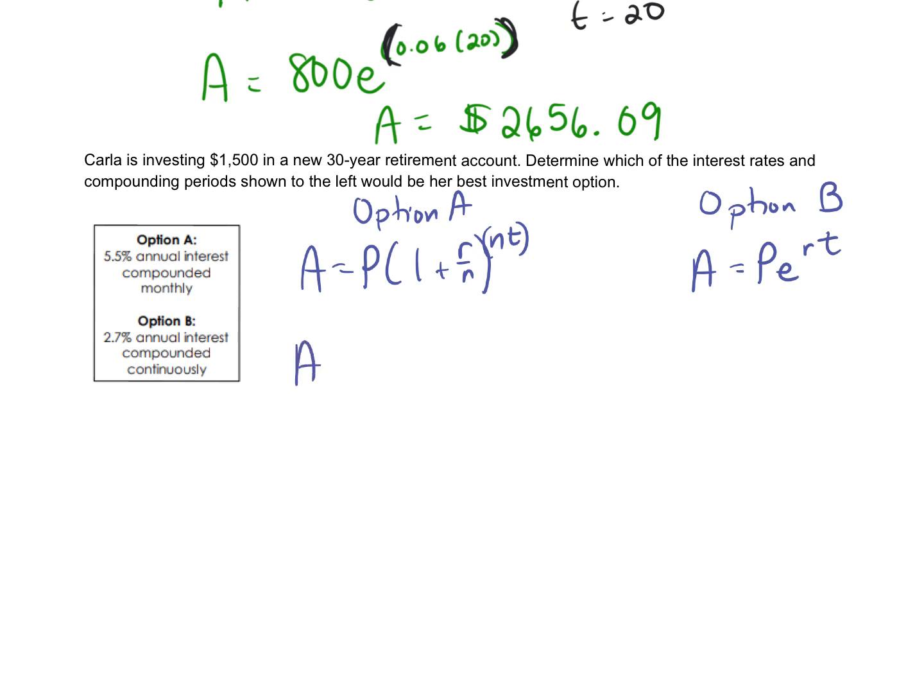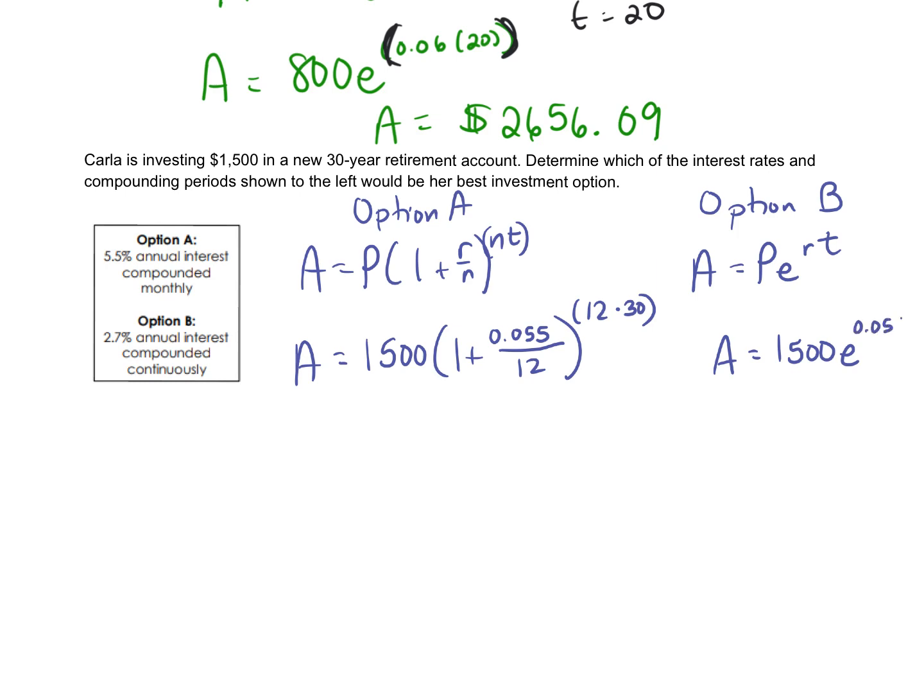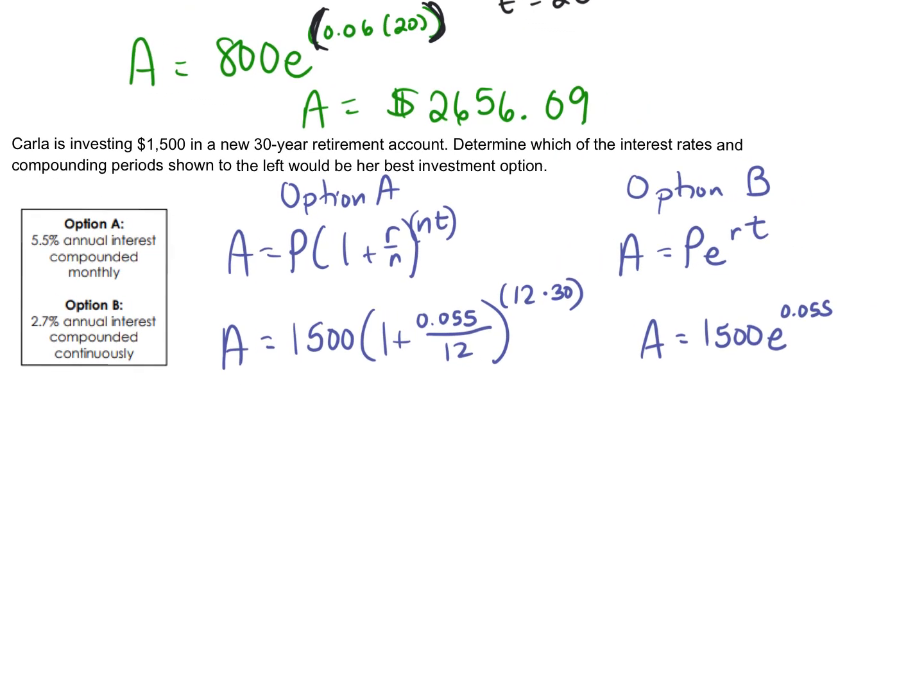So for option A, for both I'm going to invest $1,500. 1 plus, now the rate for the first one is 5.5%, so 0.055. And compounded monthly, that's 12 times a year, to the power 12 times 30. So for continuous, similar, we're going to start with 1,500 e to the 0.055 times 30. And again, I want to make sure I put that exponent in parentheses.